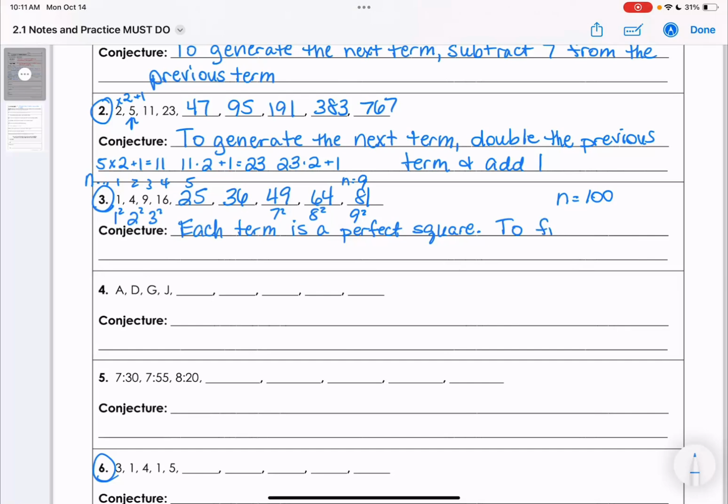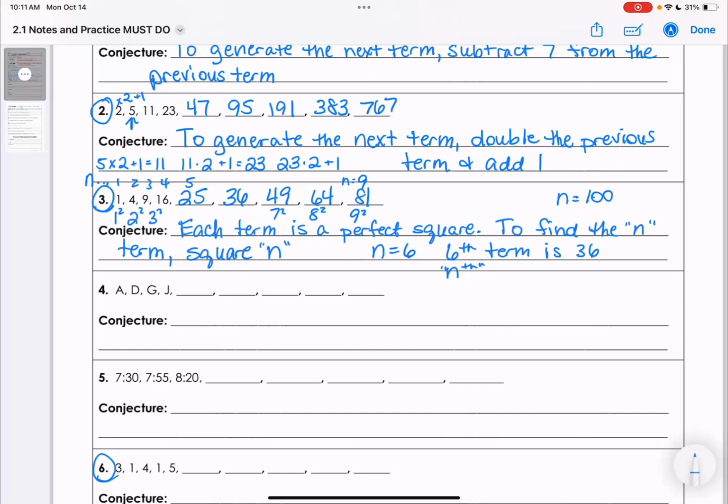So we're going to say to find the nth term, square n. So for example, when n equals 6, we square the 6, and so the 6th term is 36. So that would be the nth term. Make sure that makes sense to you.